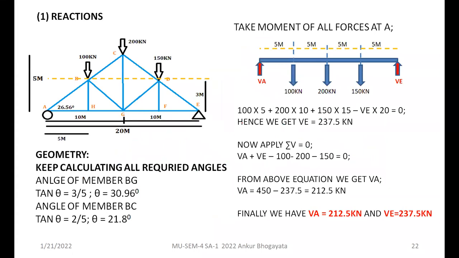When you want to calculate the reactions, you can use it as a simple beam, as I have shown on the right hand side. So I have shown the right hand side view for a simplified view of this truss.